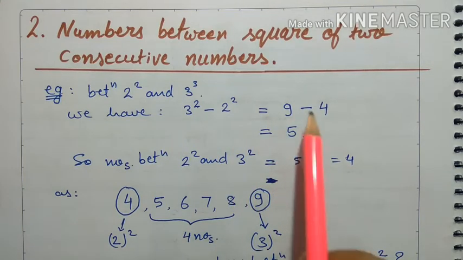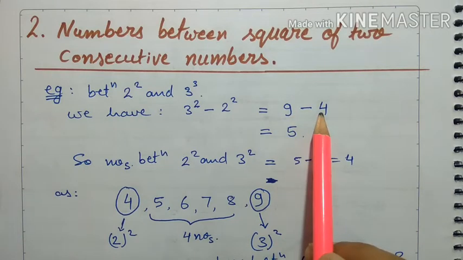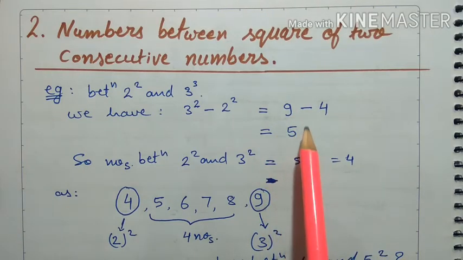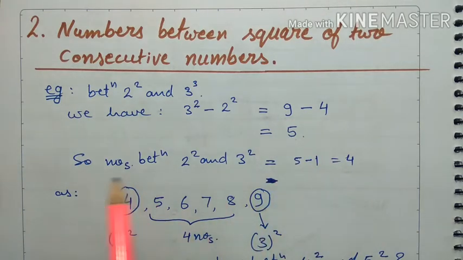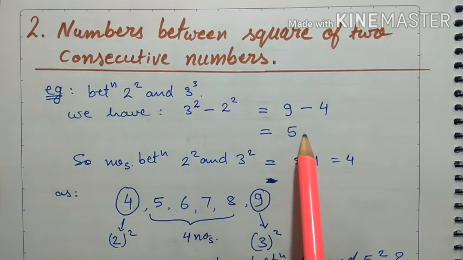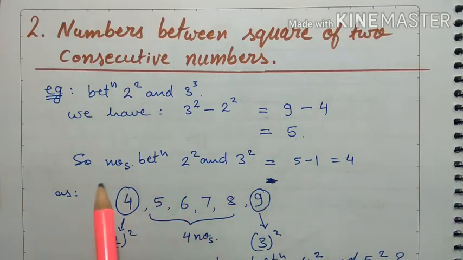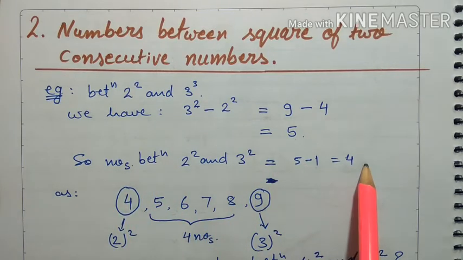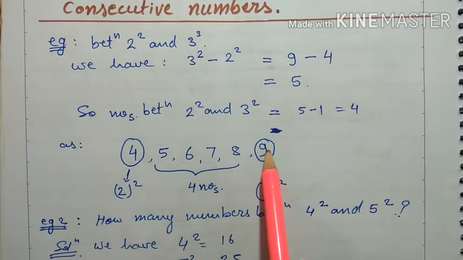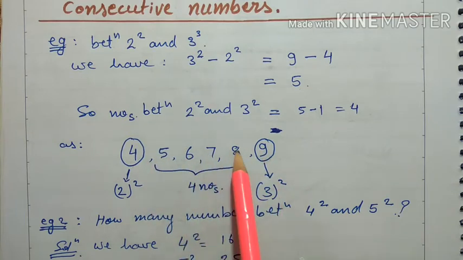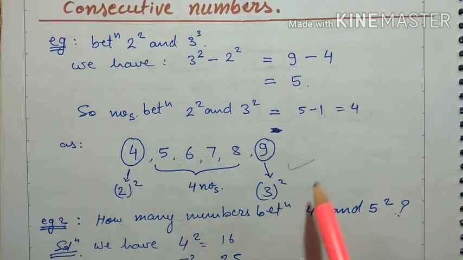So 5 gives the difference between 9 and 4. But to find how many numbers lie between 4 and 9, we have to subtract 1 from it, and 5 minus 1 is 4. 4 is the square of 2, 9 is the square of 3. So the numbers between 4 and 9 are 5, 6, 7, 8. So there are 4 numbers, right?